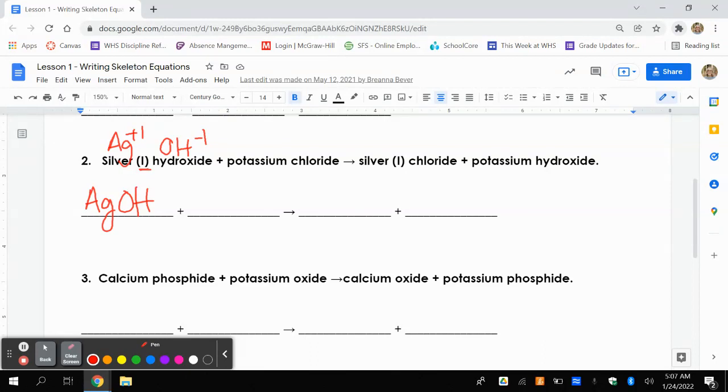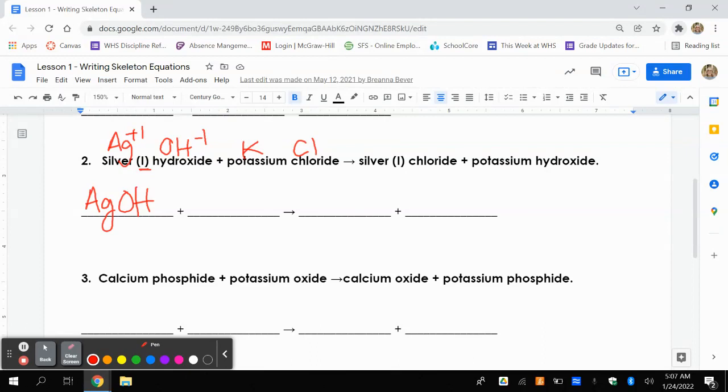Looking at the next one, we have potassium chloride, and potassium is K, and chloride is Cl. So again, we have another ionic compound here because potassium is a metal, chloride is a nonmetal.